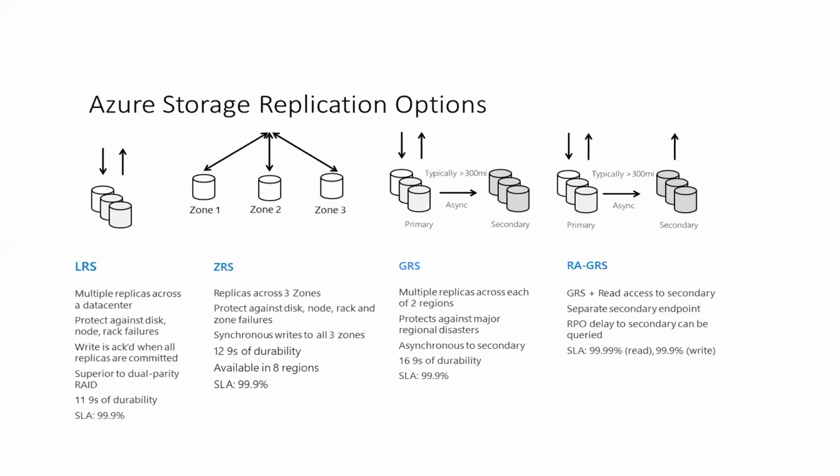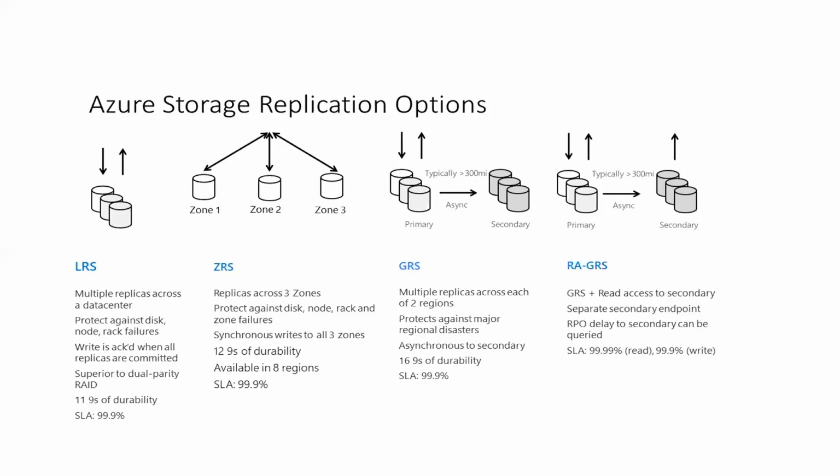Next is read access geo-redundant storage. It's quite similar to GRS, but the second copy of your data would be read-only. So this was about storage.